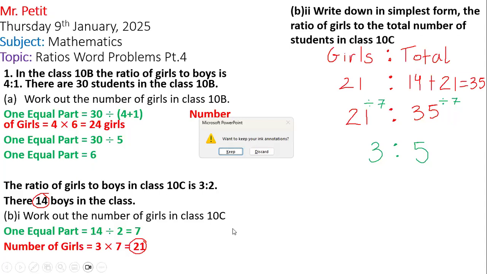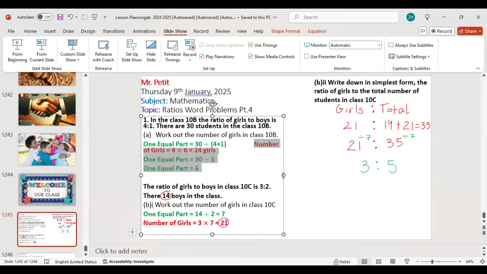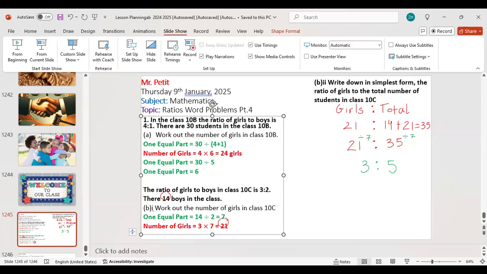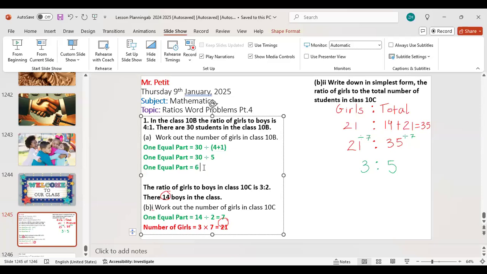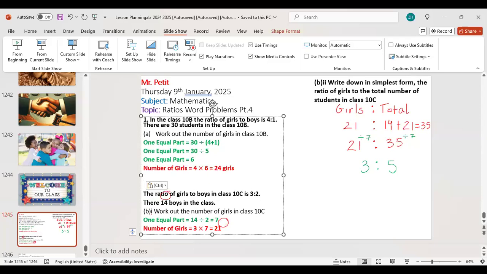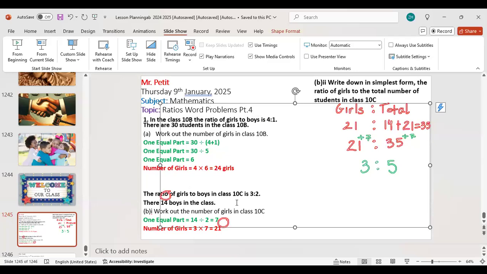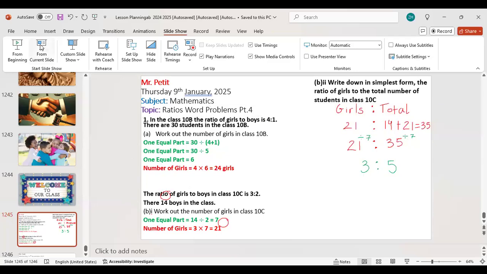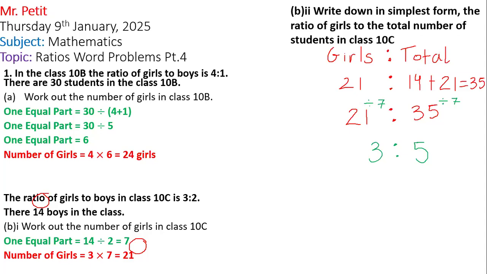Now go ahead and do part B. The ratio of girls to boys in class 10C is 3:2. There are 14 boys in the class. Work out the number of girls in the class. The second number is boys, so you divide 14 by 2 and you get 7.